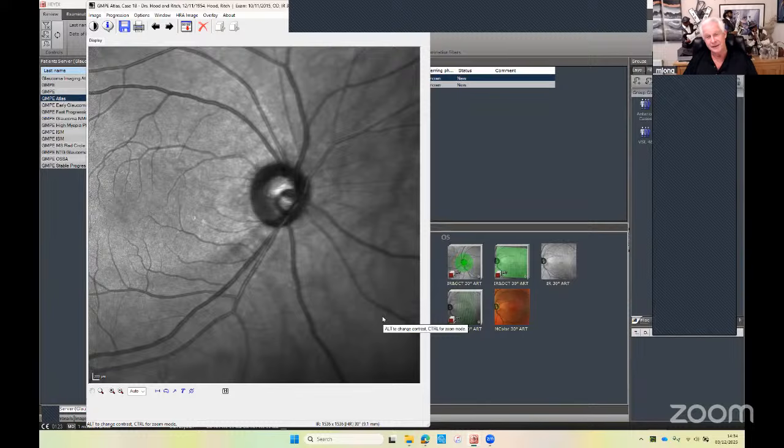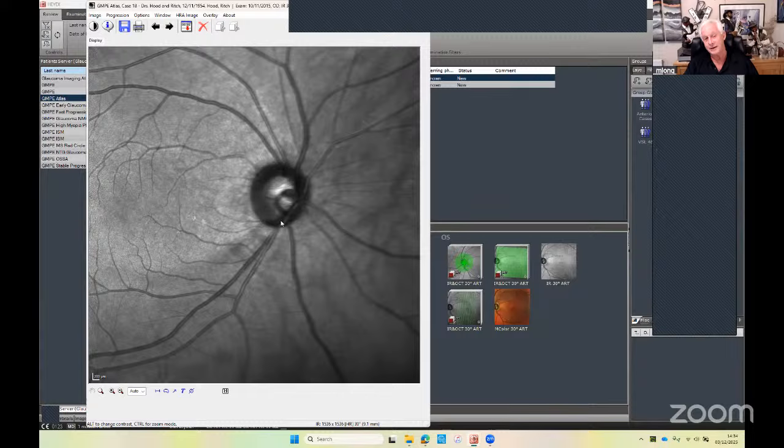So this at least gives me an idea what the optic nerve looks like. This is an infrared reflectance image. It's a structural diagnostic image. Healthy nerve fiber is very bright and highly reflective, as you can see up here, and sick nerve fiber is dull. You can probably see that there's a little focal nerve fiber wedge defect and some notching inferiorly on the optic nerve there. So I can see that immediately in my infrared image.